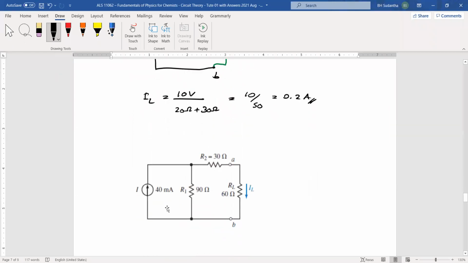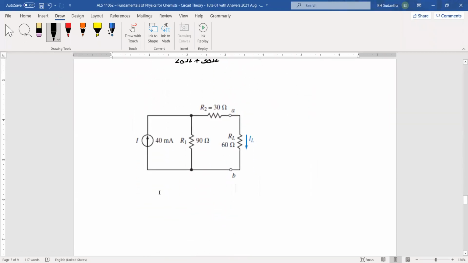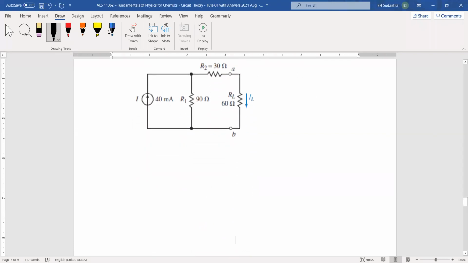Okay. This one, this question, we have a current source. Again, this is the component we have to remove. And this is the point A and B. Then shall we draw the circuit, this one?